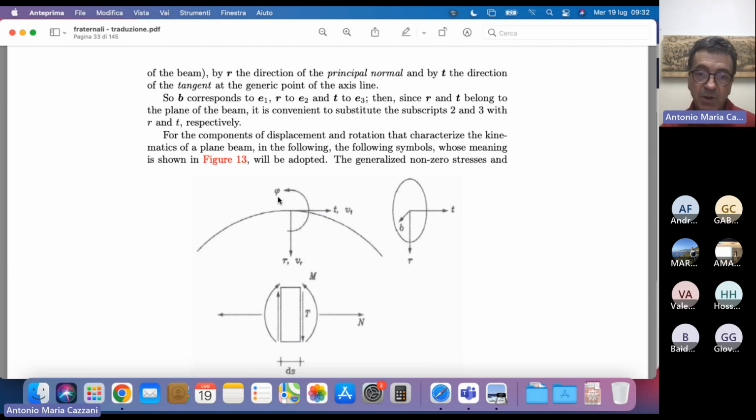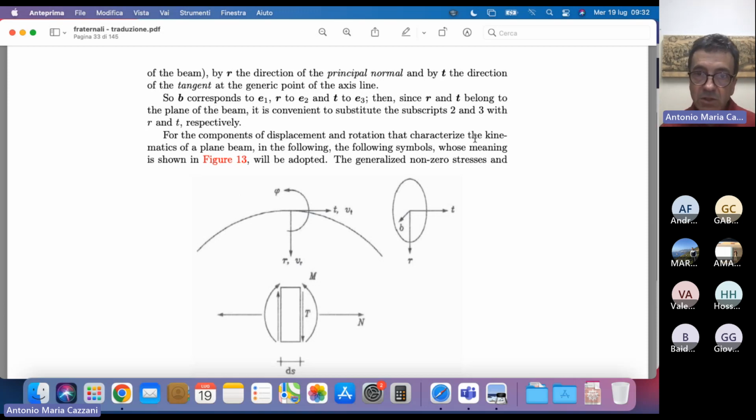So in the previous formulation, if you want to adopt this new convention, substitute index 1 with B, index 2 with R, and index 3 with T, since R and T belong to the plane of the beam.